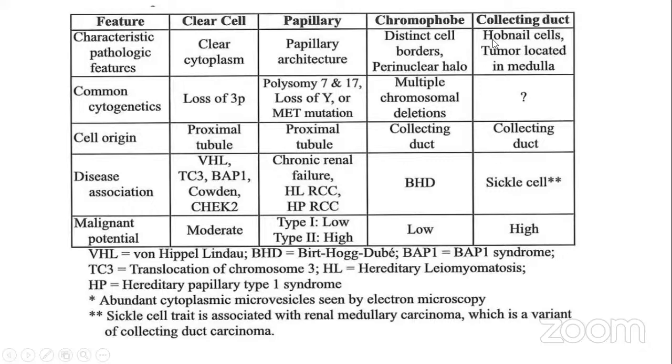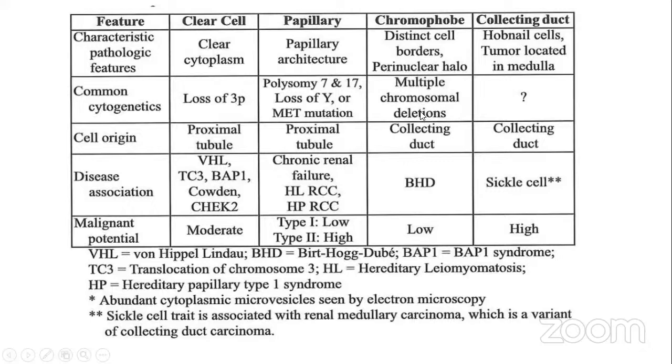This is collecting duct. The clear cell commonly has cytogenetic loss of 3p, compared with papillary, which has polysomy 7 and 17, loss of Y, or MET mutation. So the common cytogenetics of papillary are polysomy 7 and 17, loss of Y, or MET mutation, compared with chromophobe, which has multiple chromosomal deletions.